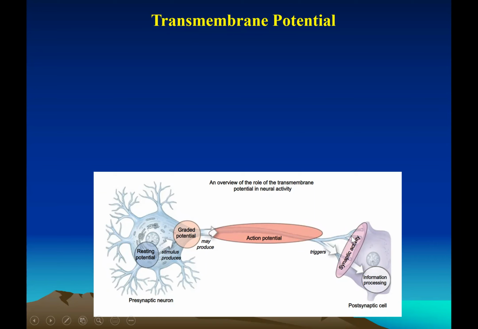When it comes to the synaptic cleft, it releases neurotransmitters. This is called synaptic activity. The neurotransmitters find the receptor in the next cell, a gland or a muscle cell, and the transfer of information is information processing in the postsynaptic cell. These are the main steps in the creation of a transmembrane potential.